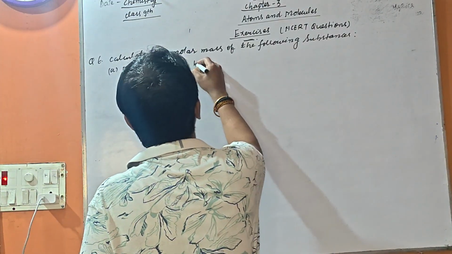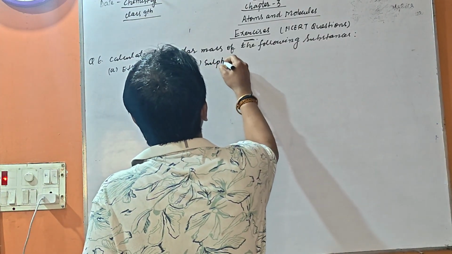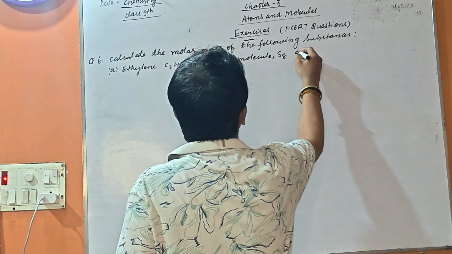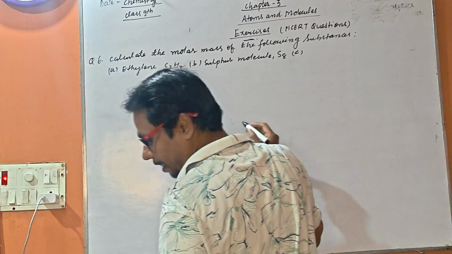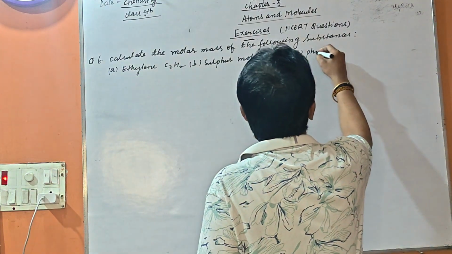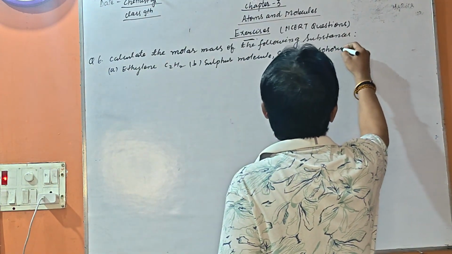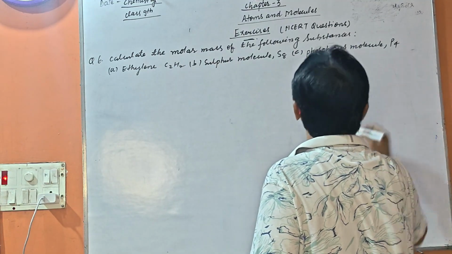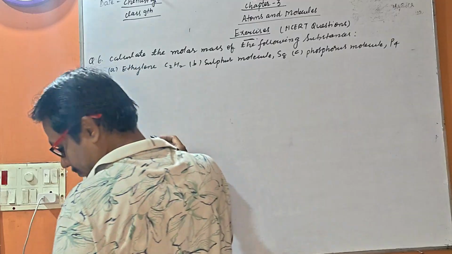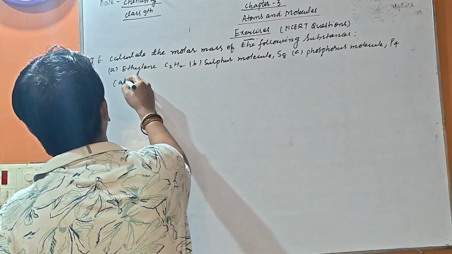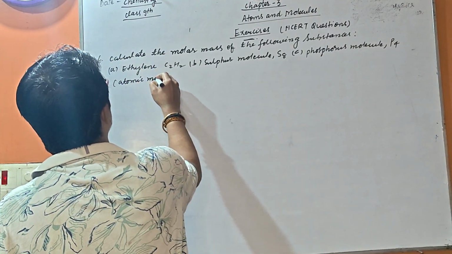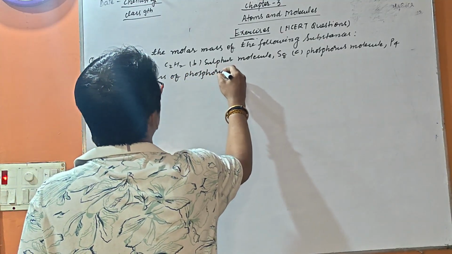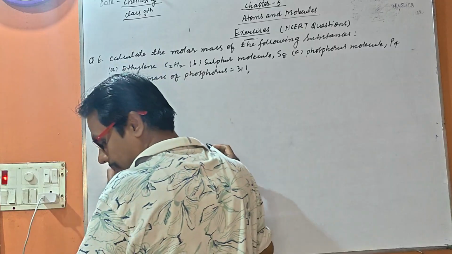E number, sulfur molecule, that is S8. C number is phosphorus molecule, P4. Atomic mass of phosphorus is equal to 31.